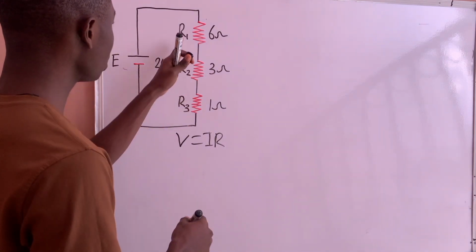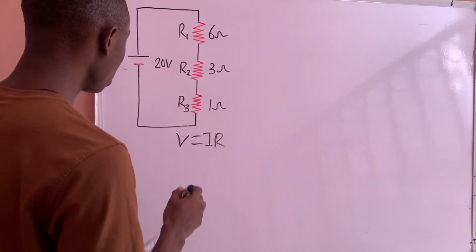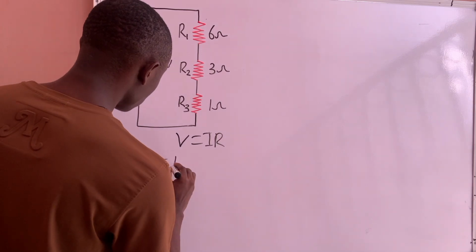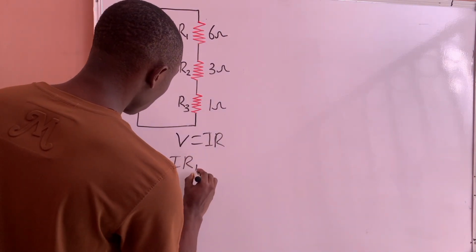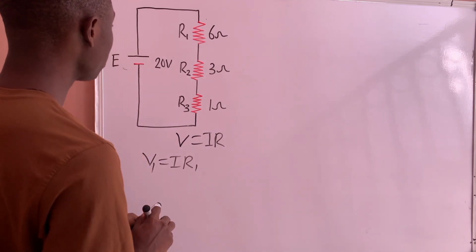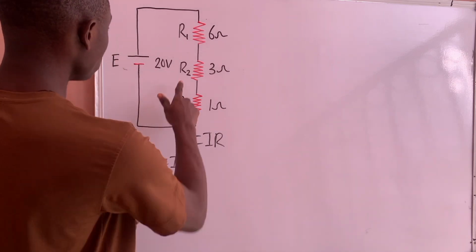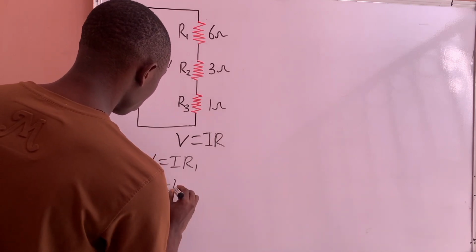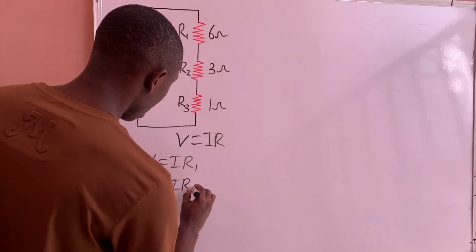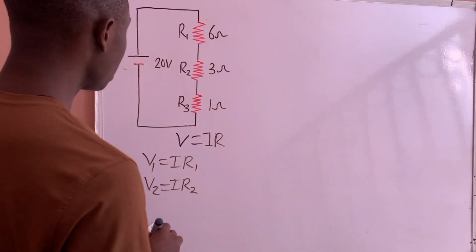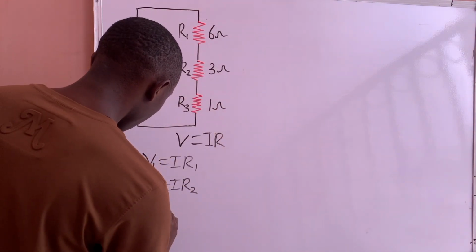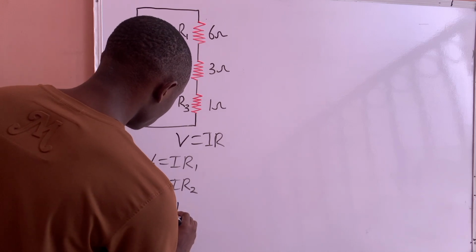The voltage that will drop across resistor R1 according to Ohm's law will be V1, which is equal to I R1. The voltage across resistor R2 will be V2, which is equal to I R2. And the voltage across resistor R3 will be V3, which is equal to I R3.